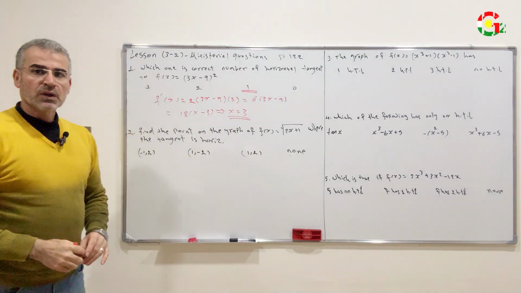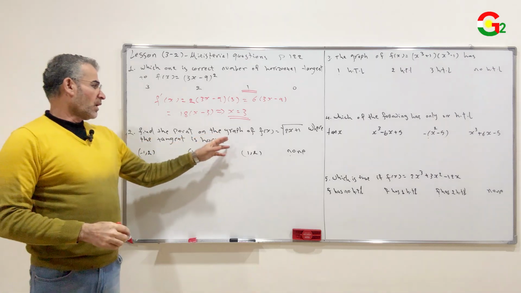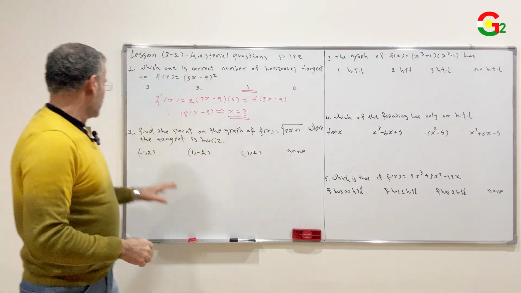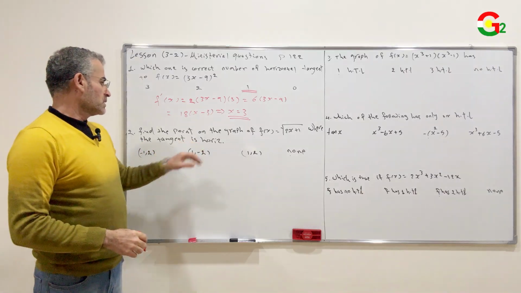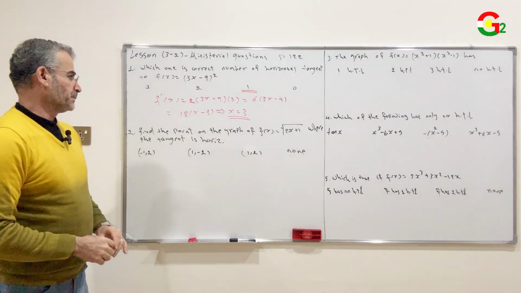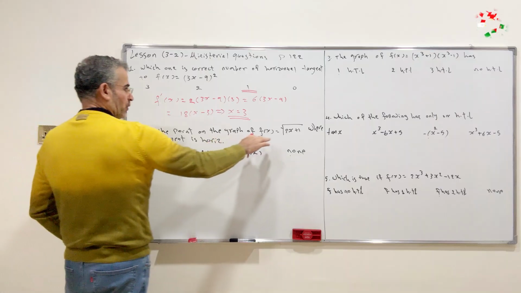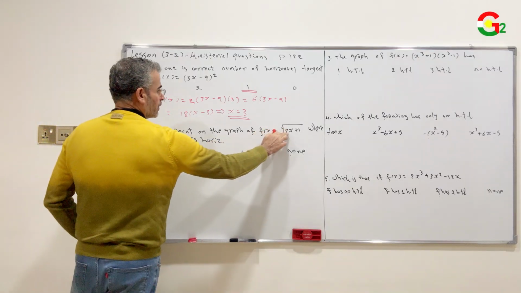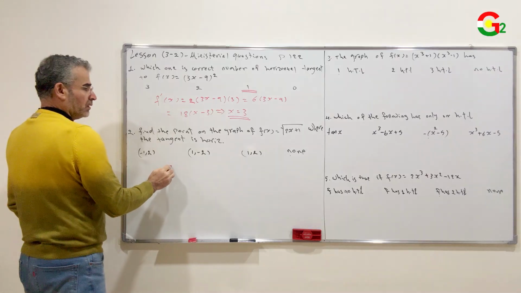Question number 2. Find the point on the graph of f of x equals square root of 2x plus 1 where the tangent is horizontal. To find the point where the tangent is horizontal, we find the point that makes the derivative 0.